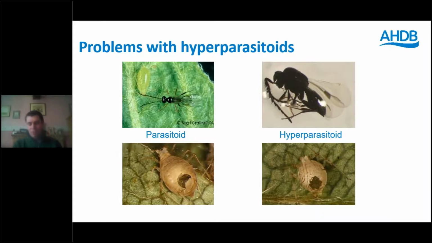And if you look at the image on the bottom right, where the hyperparasitoid emerged from within, it's quite a jagged, rough hole. So it's useful keeping an eye out for that on mummies when you're doing your crop monitoring, because these can build up over a year and can start to interfere with your biocontrol programs. Next slide, please.